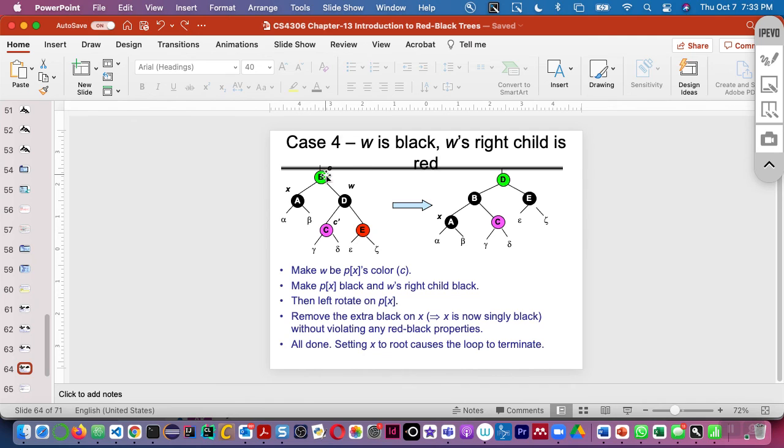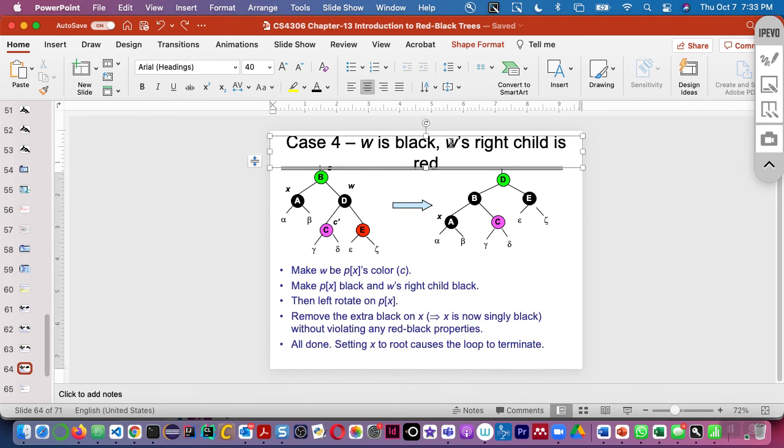And now go to case 4: W is red and W's right child is red. If this one is also red. Okay, and in this case it doesn't matter. So they put yellow, which means it can be either black or red. So this is put in yellow color. Then this is the situation.